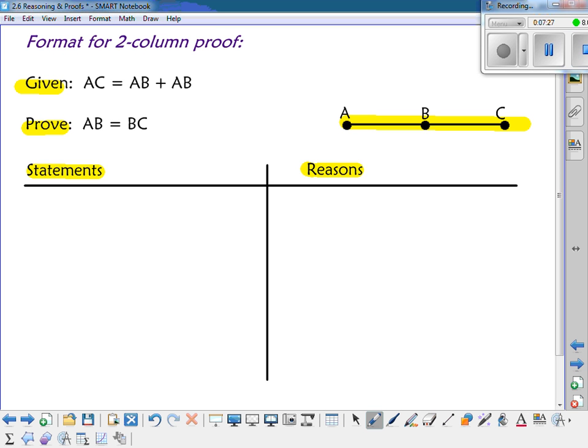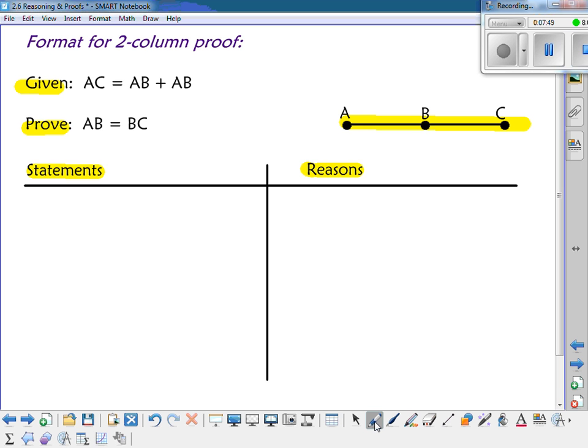It's important that you get in the habit of always doing this. On your homework, if you just write the statements and reasons, you're going to lose points. And you will definitely lose points on a quiz if you don't include the given and proof. I want to know what you're given, what you're trying to prove, and exactly what figure they gave you. The picture should be on your paper.